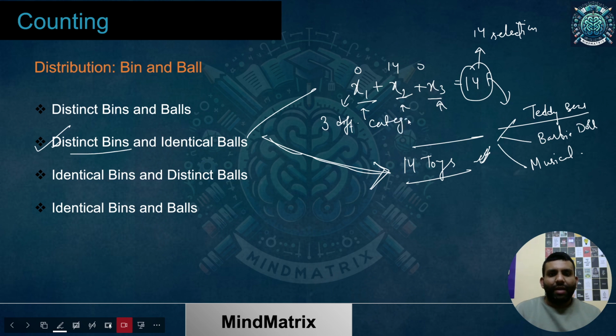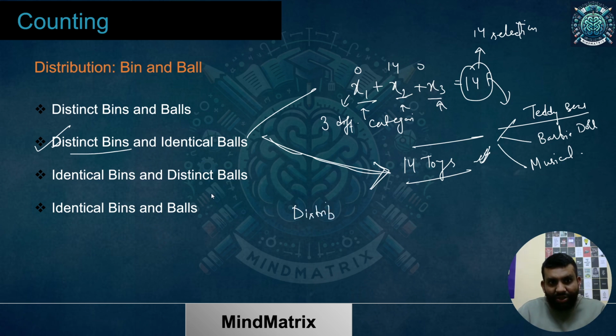So now I'm creating an analogy among these distinct bins and identical balls and the combination with repetition case. Let me write a small analogy over here. I talk about distribution, for this case only distinct bin and identical ball, and when I talk about combination, that too with repetition.